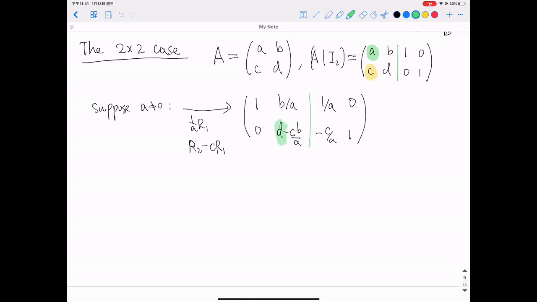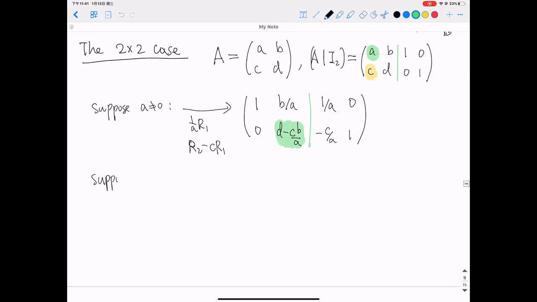Now for the second row, we would like this highlighted entry to be the leading term, right? So for that, we will need, again, an assumption.